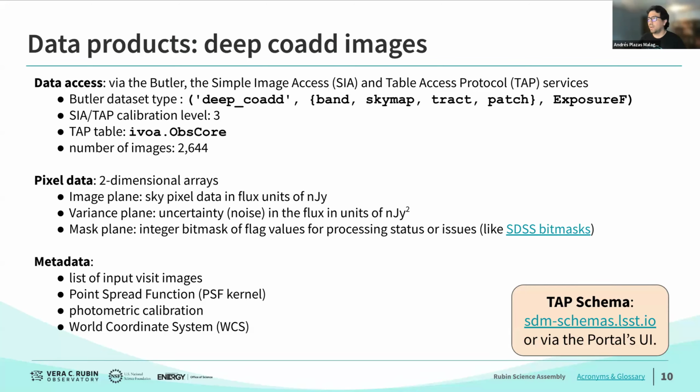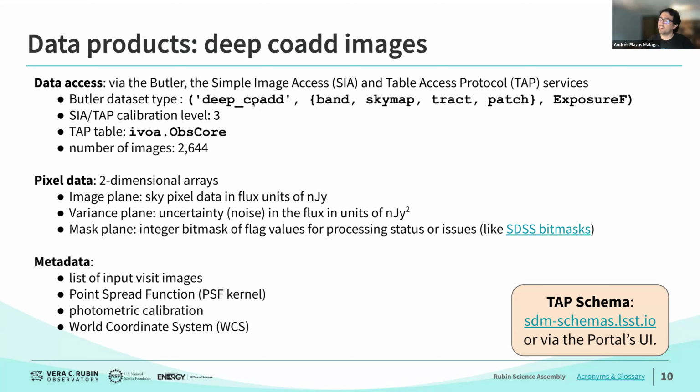The deep coadd images we can access in several ways. We can use the Butler, and we recommend using the Butler to access images in the notebook. But we also have a couple of protocols from the International Virtual Observatory Alliance, which are Simple Image Access and Table Access Protocol. These are services that you can use in order to access the images.